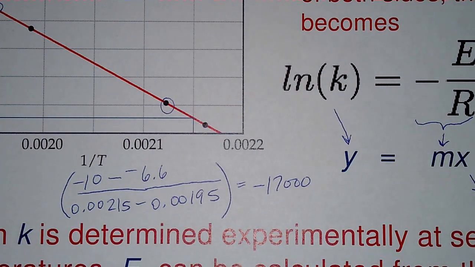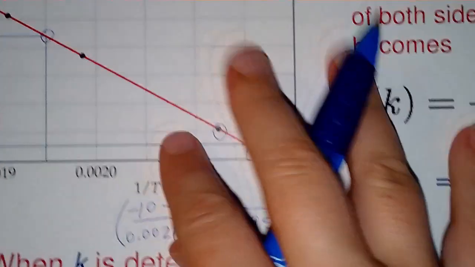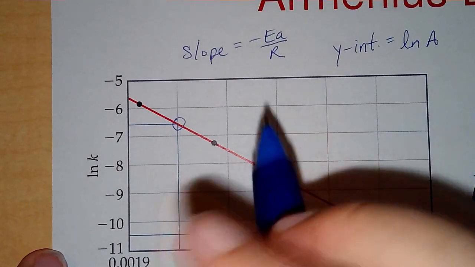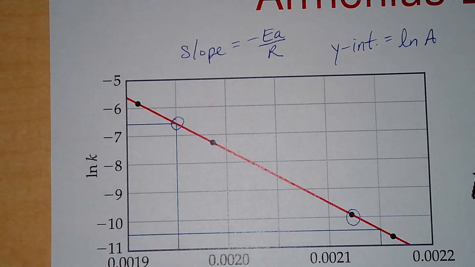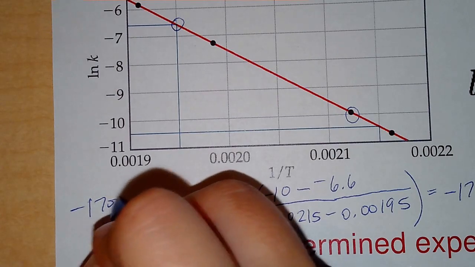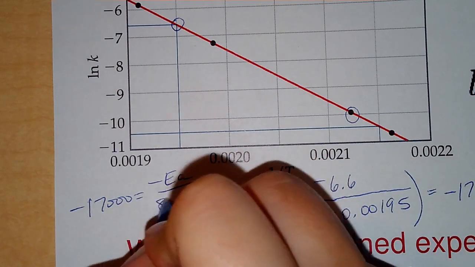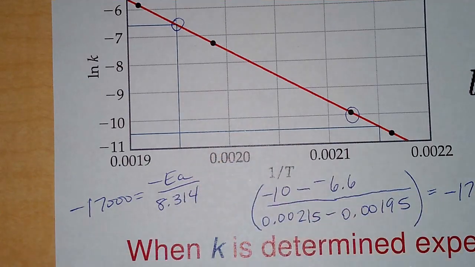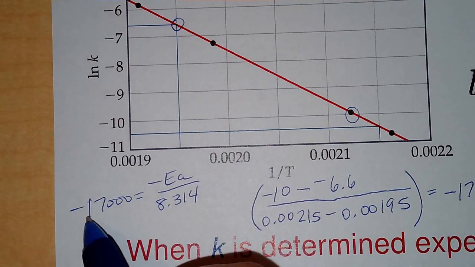So that's going to be equal to our negative activation energy over R. Let's plug this in. Trying to find activation energy, I'm going to use my R value. Activation energy is measured in energy units, joules or kilojoules. And it doesn't matter what we pick for R, just remember that's going to indicate what our units are.